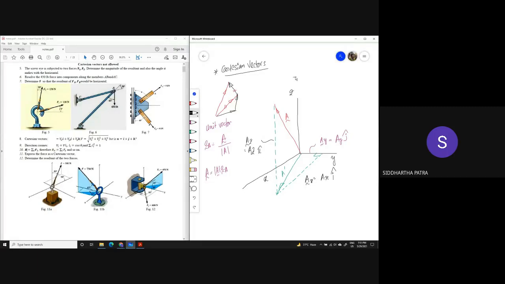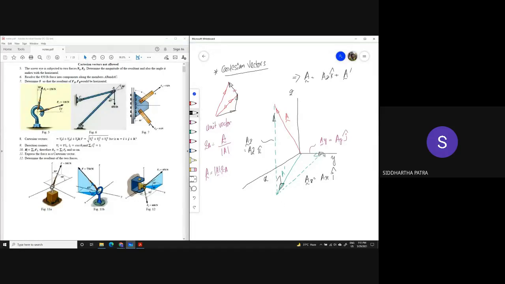So therefore we can represent the A vector as AZ times K plus A prime. Of course, in this case, it is a right angle triangle. So this one is A prime and this one is AZ.